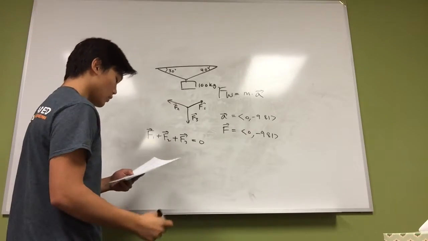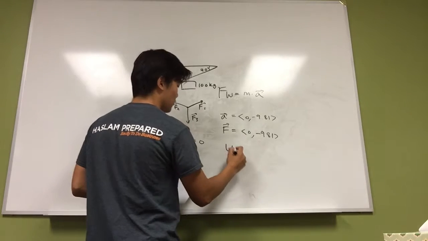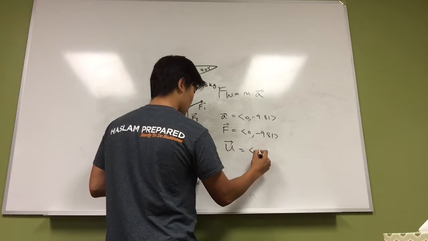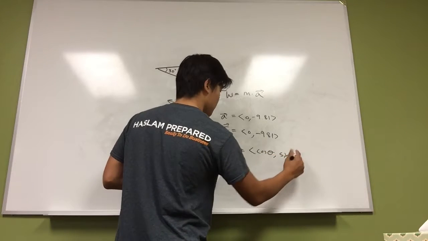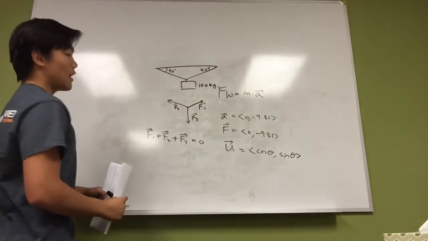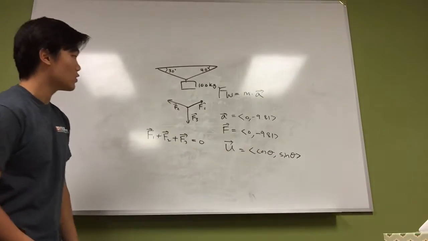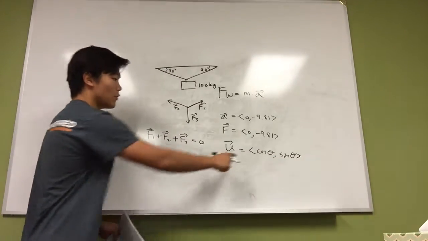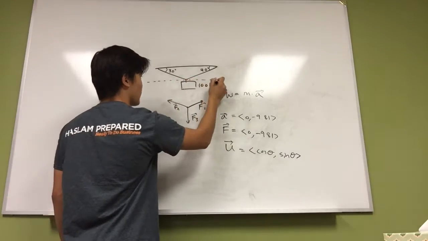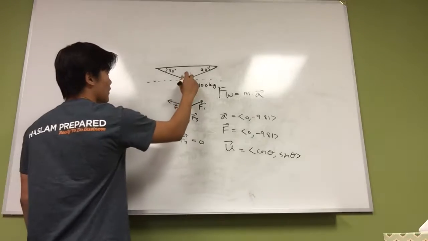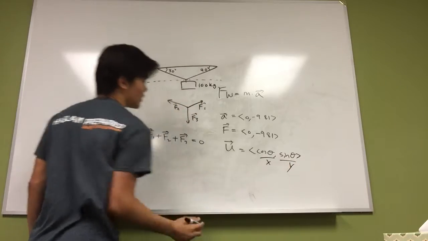Now the next thing we want to do is have a unit vector. Our unit vector, I'm just going to write it as U arrow, is going to be cosine theta and sine theta. I hope you know why it's cosine theta and sine theta. To explain, we have an invisible horizontal line right there, and for cosine, this part is the x, and this part is the y, change in y, change in x.